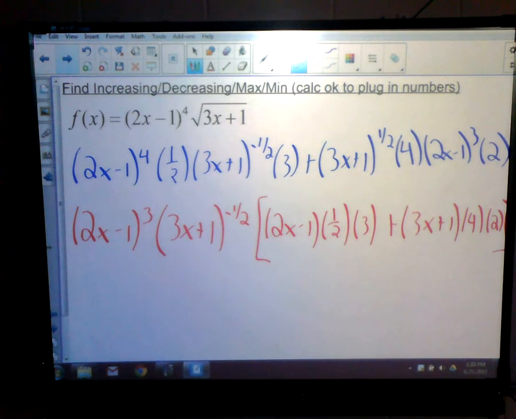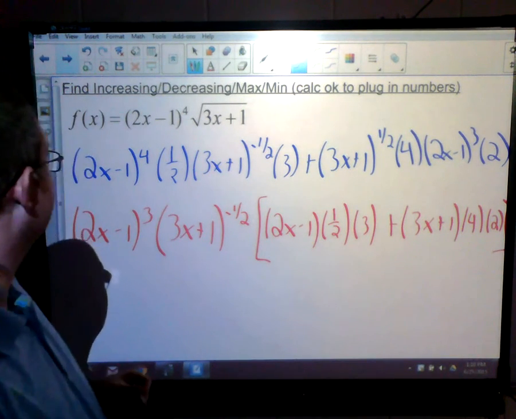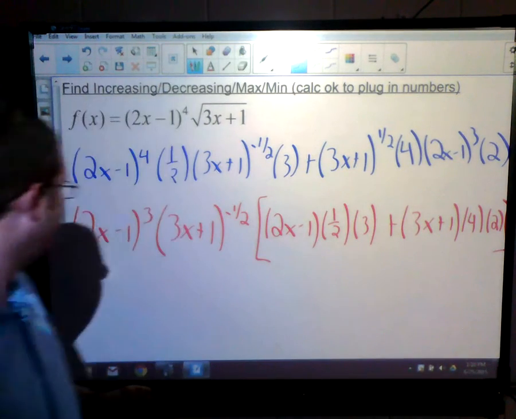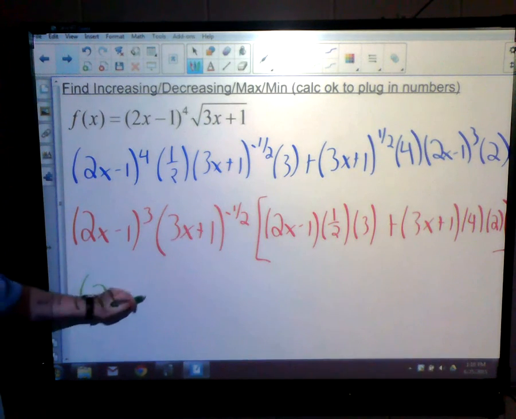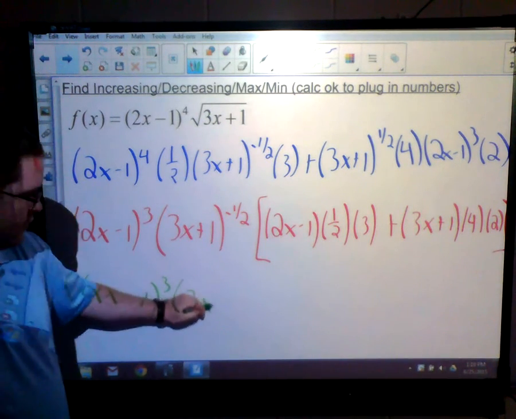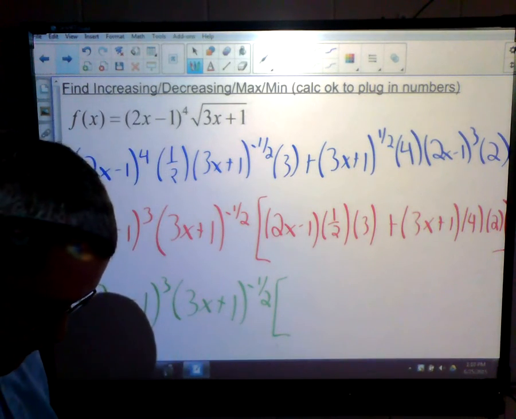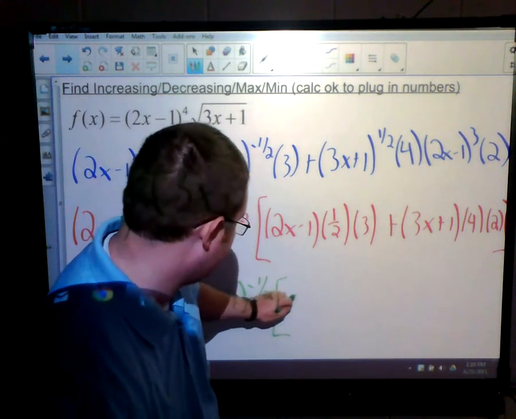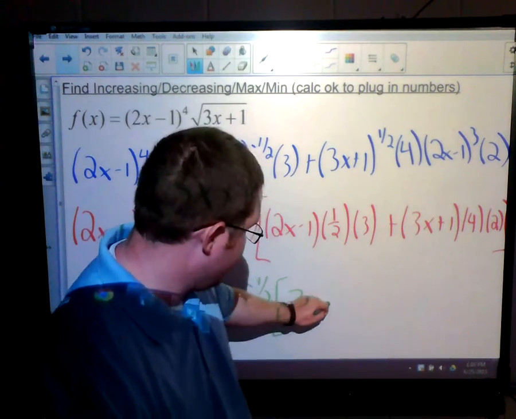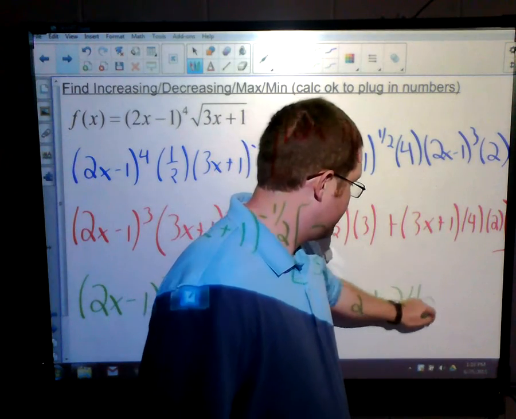Okay? Chain rule factoring. Well, if I distribute in and start combining some like things, this is going to stay the same. Now inside here, I'm going to get 3x minus 3/2 plus 24x plus 8.